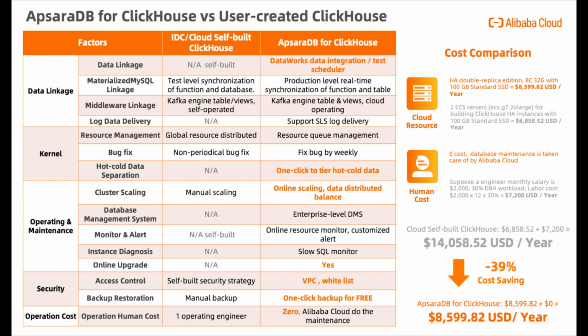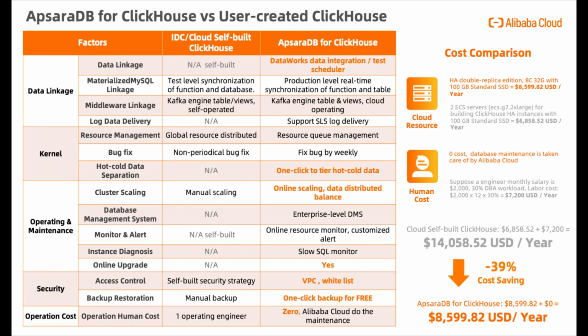Based on our international site of ApsaraDB for ClickHouse, if you want to acquire a high availability double replica edition, which is 8-core, 32 gigabytes with 100 gigabytes of standard SSD, it will cost you $8,600 per year.